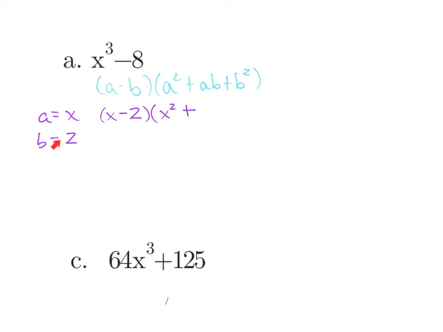If I multiply x and 2, I should get 2x, plus b squared. 2 squared is 4. And you're done.